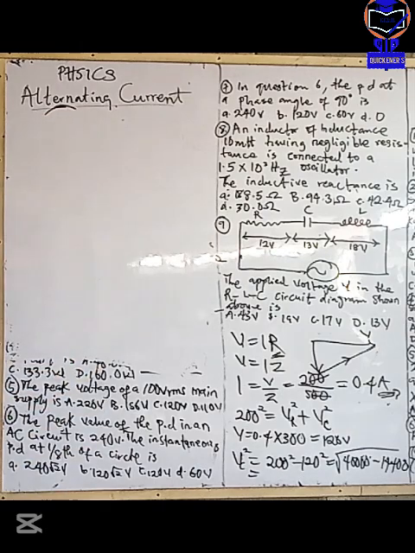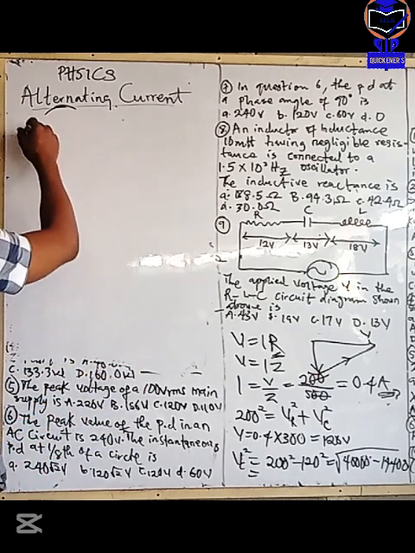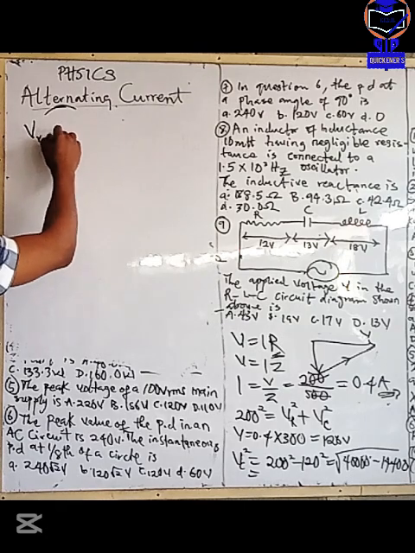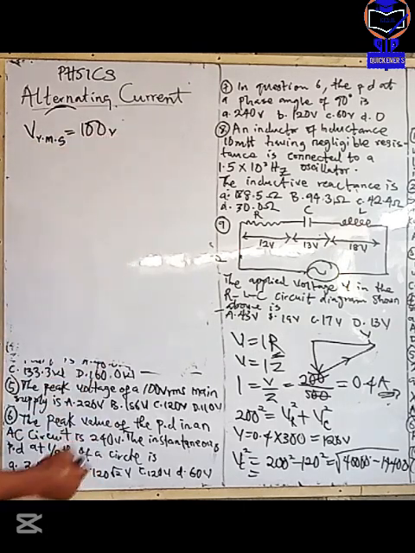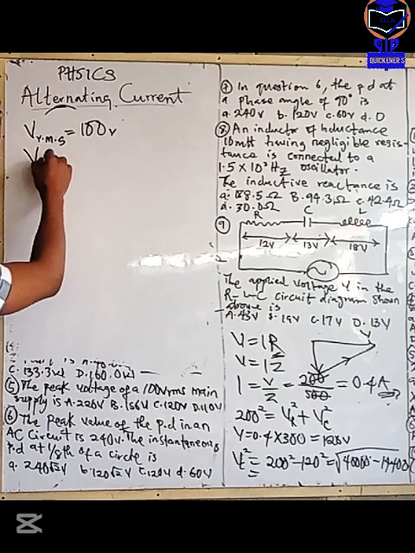Number 5. The peak voltage of a 100 volt root mean square main supply is. So we have a root mean square voltage, 100 volt, okay? And we are looking for the peak voltage.